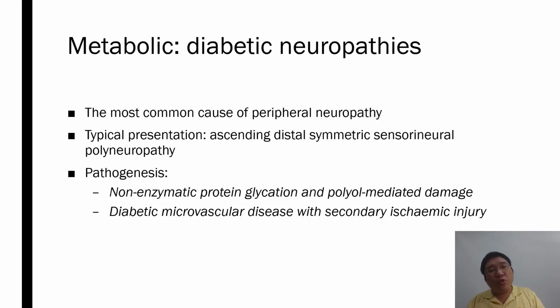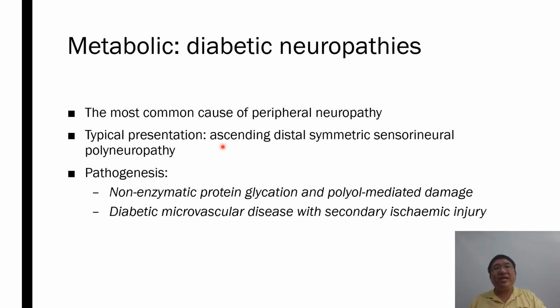And the next group of neuropathies I would like to mention is the metabolic one, diabetic neuropathies. It is the most common cause of peripheral neuropathy, and the typical presentation is ascending distal symmetric sensorineural polyneuropathy.